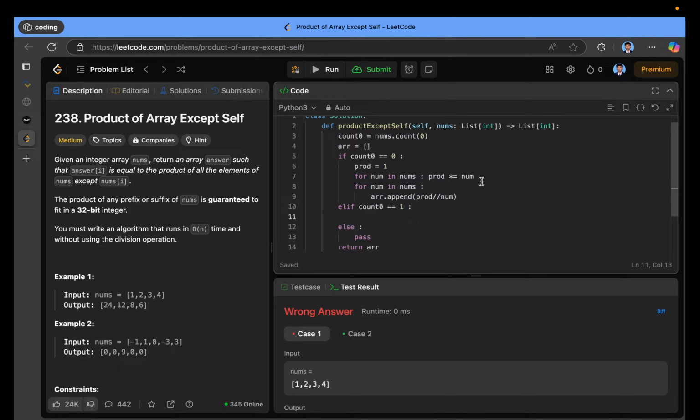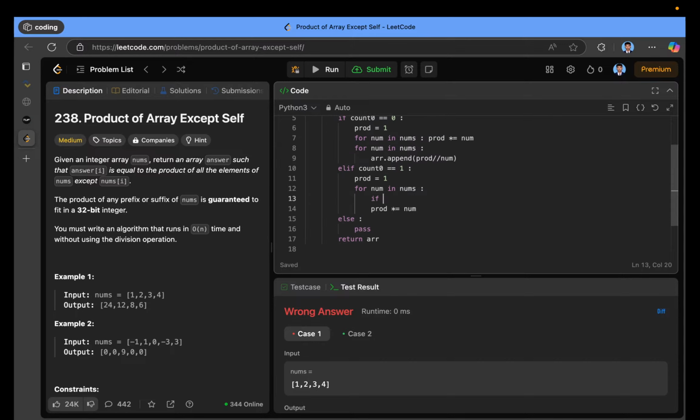So again I am going to do the same. Copy, it will be the same thing, but there is a difference because there is a 0 in it, so I have to make an exception here: if num == 0, just do nothing, continue.